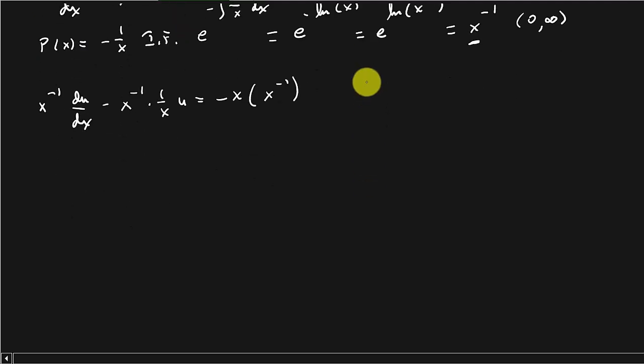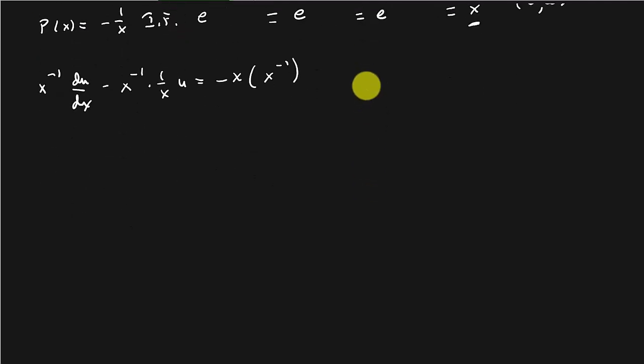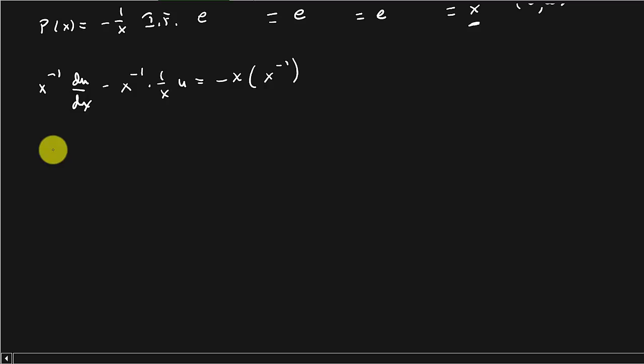And so, what did we do? All right. And so now I get du dx, the derivative of x to the negative 1 u.